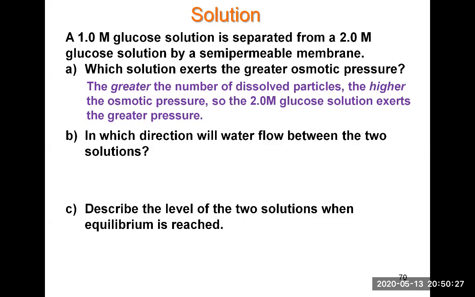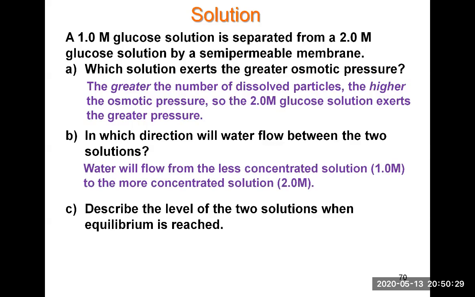So it will move from the 1 molar solution to the 2 molar solution, because it's from the less concentrated to the more concentrated. Right, by doing this, water tries to dilute the more concentrated solution and concentrate the less concentrated solution.